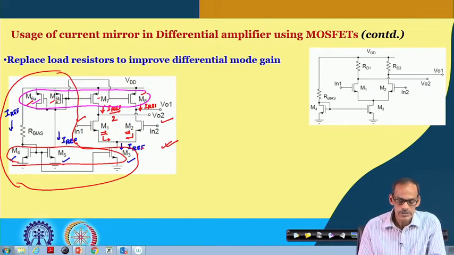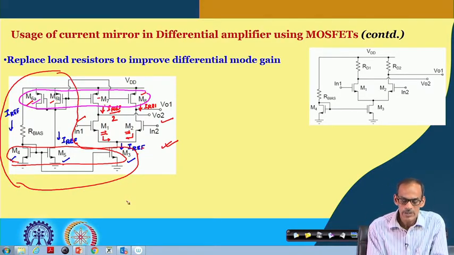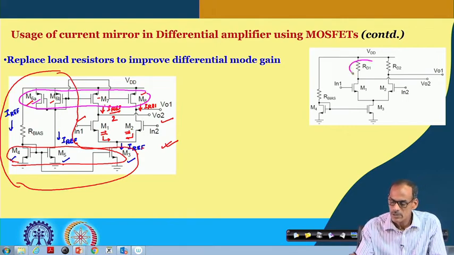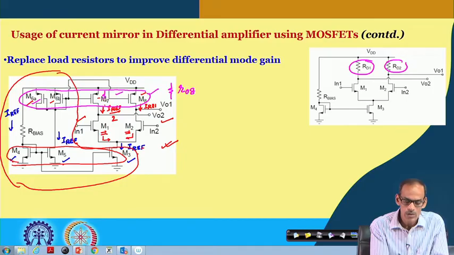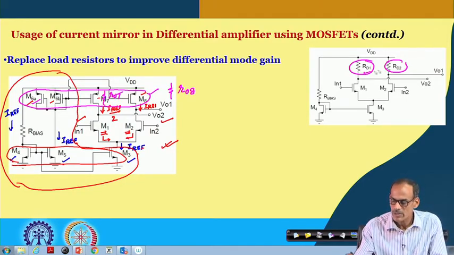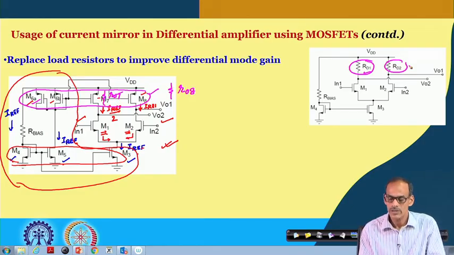In fact, with this arrangement, as expected, since we are replacing the resistors here by active devices, the corresponding resistances offered by these active devices, namely RO8 and RO7, are much higher than the RD we had here.